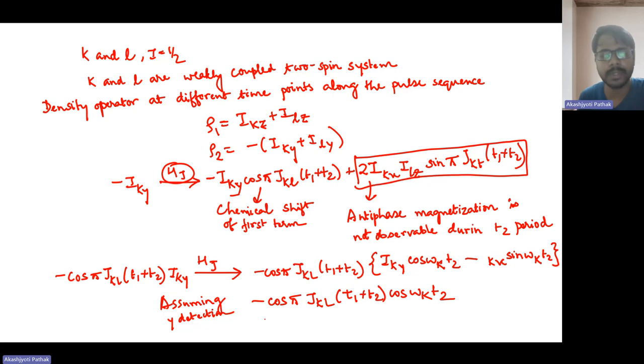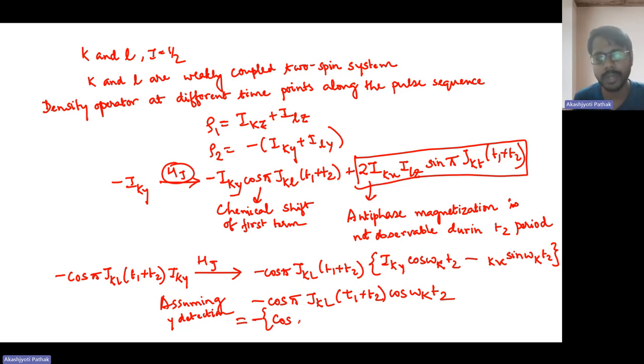And then further, subsequently, we can write it in this form. Okay, so the signal detection will be proportional to cos pi J K L, the coupling constant between the K spin and the L spin, and the time period T1 plus T2.